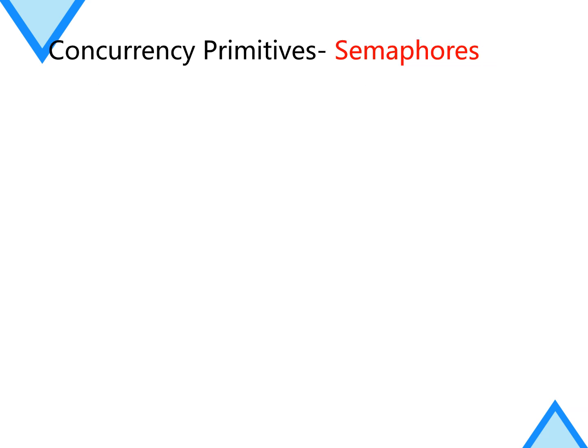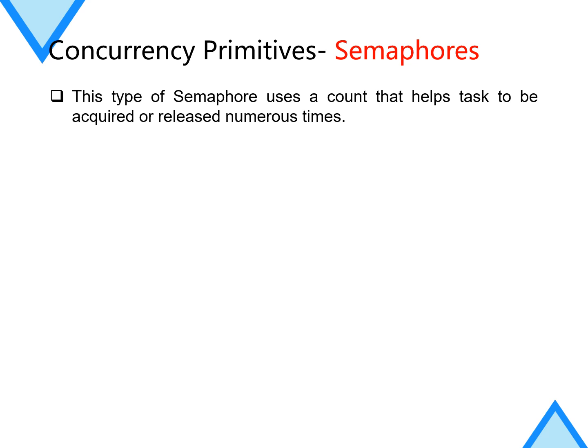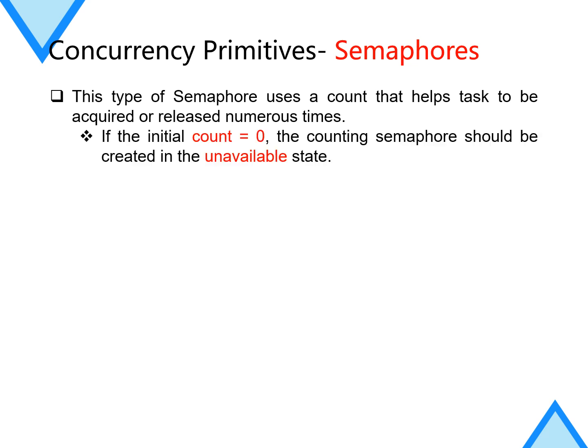Let's see some more details. We want to discuss the counting semaphore first. This type of semaphore uses a count that helps tasks to be acquired or released numerous times. One shared variable can be acquired or released many times.